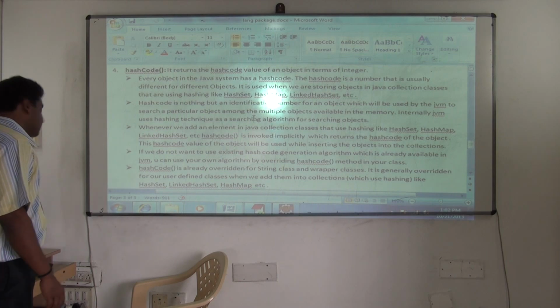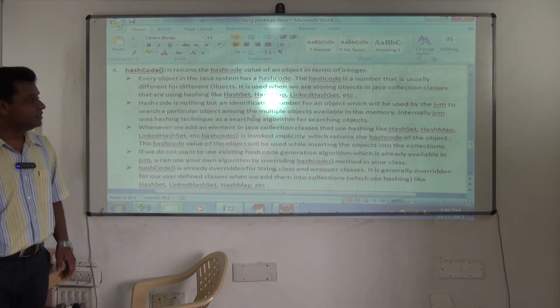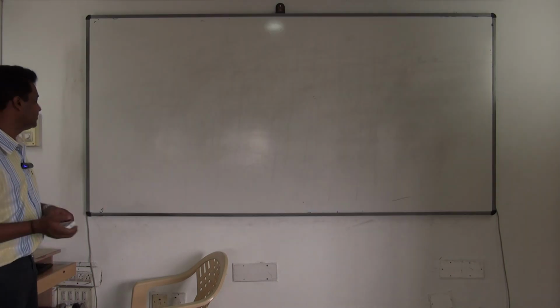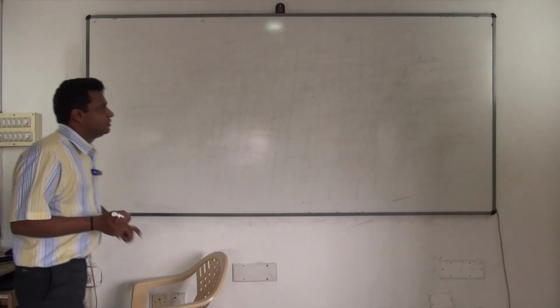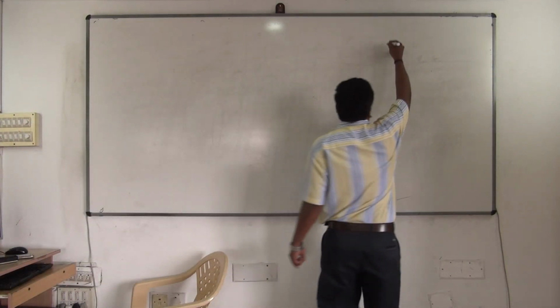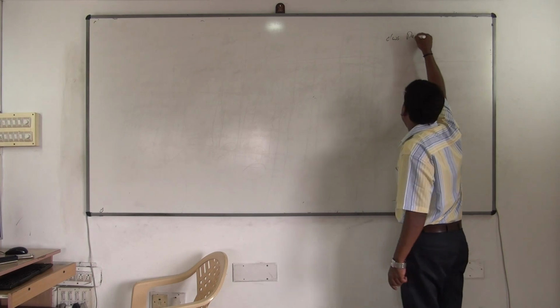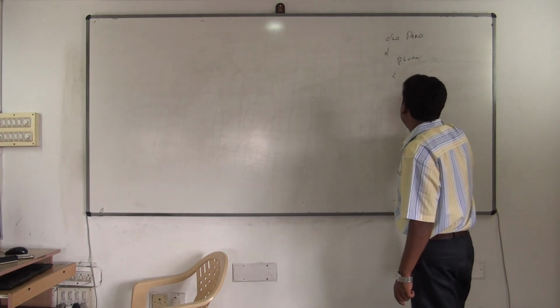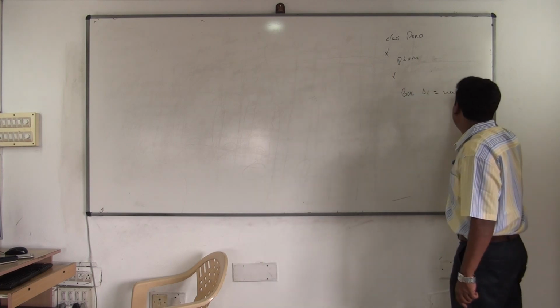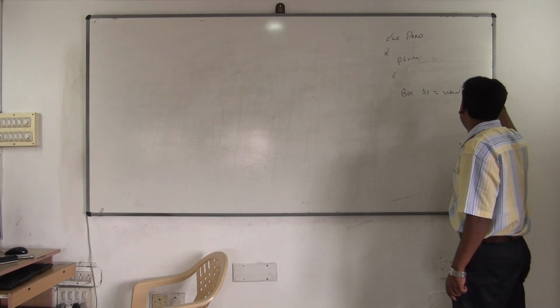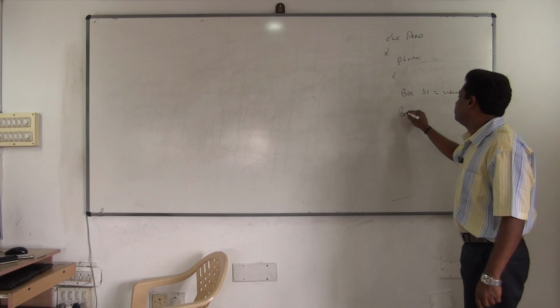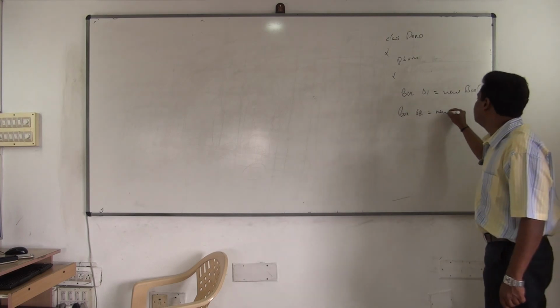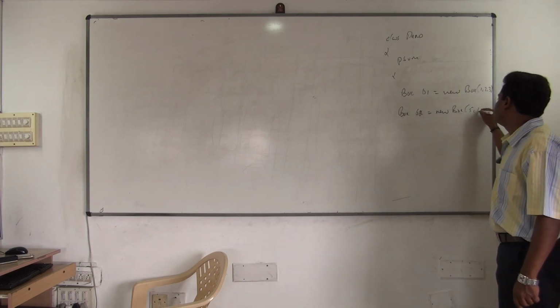Okay, it's a very big subject, hash code. We'll see what it is. Whenever an object is created in the JVM, say you create class Demo, PSVM, Box b1 is equal to new Box(1, 2, 3), Box b2 is equal to new Box(5, 6, 7).